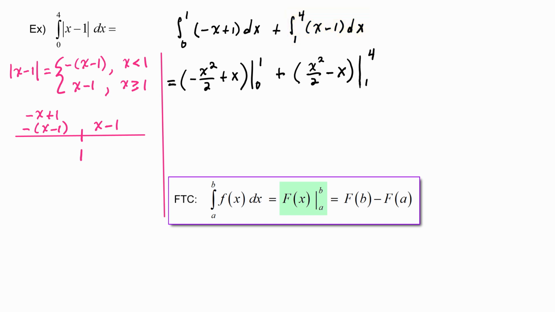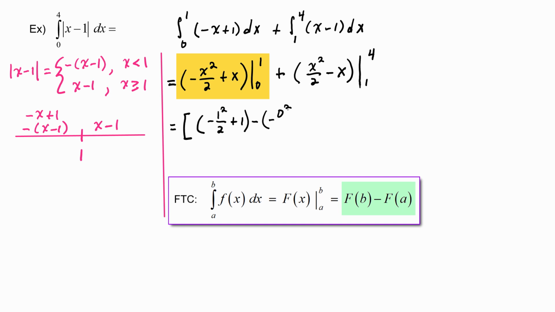Now we can do the second part of the fundamental theorem, where we do f at b minus f at a, and we have to do that on each piece separately. So working on this first one, we are going to get negative 1 squared over 2 plus 1 minus negative 0 squared over 2 plus 0.